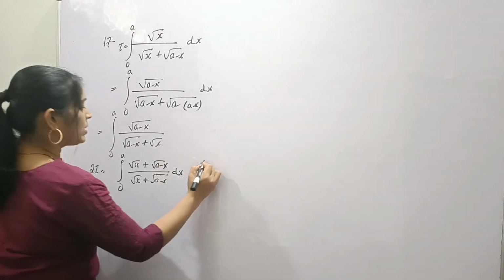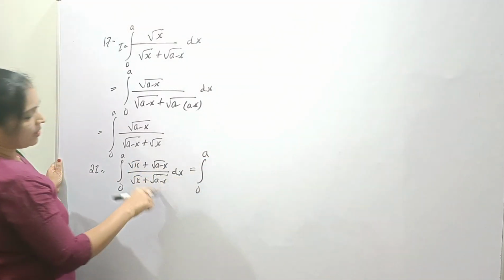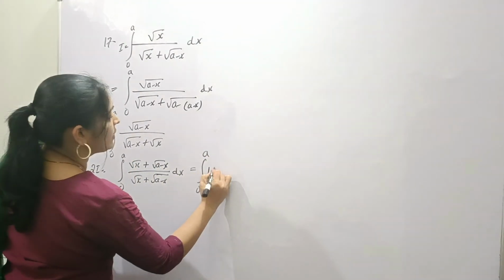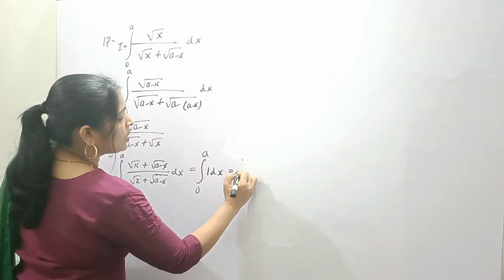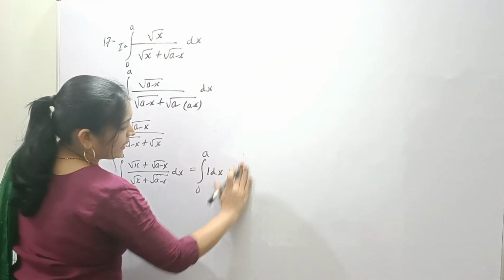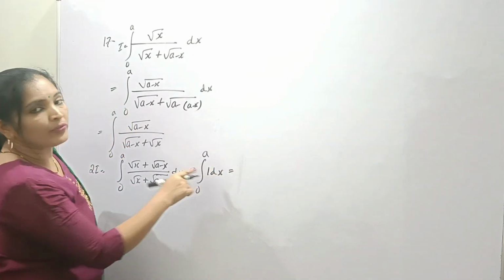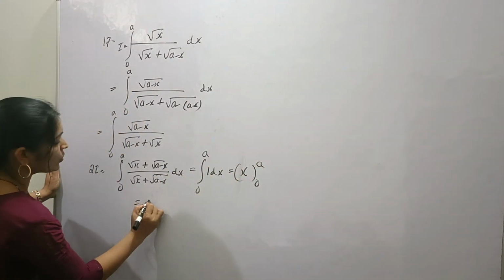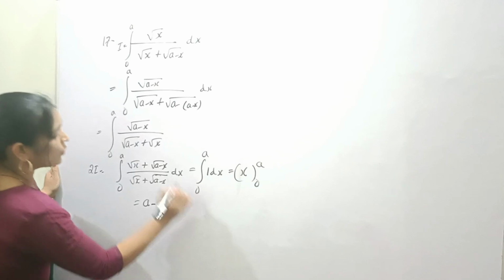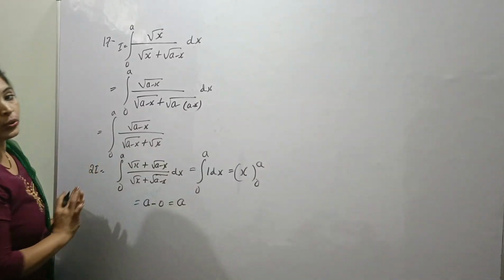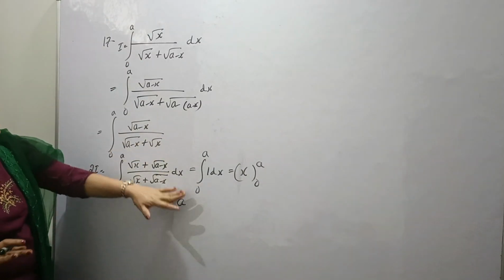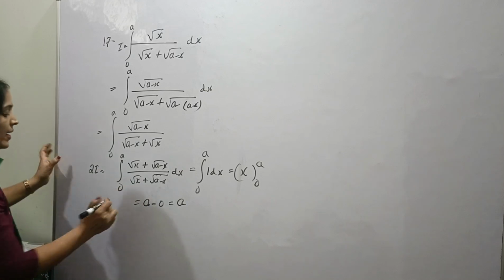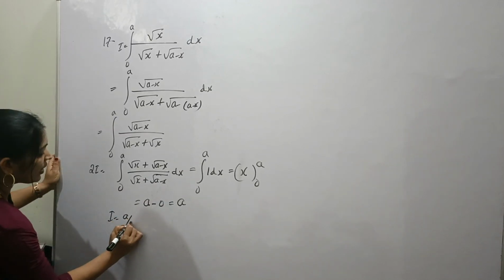That is equal to integral 0 to a 1 dx. The integral of 1 with respect to x is x, limits 0 to a, that is a minus 0, that is equal to a. So 2I is equal to a, I is equal to a divided by 2.